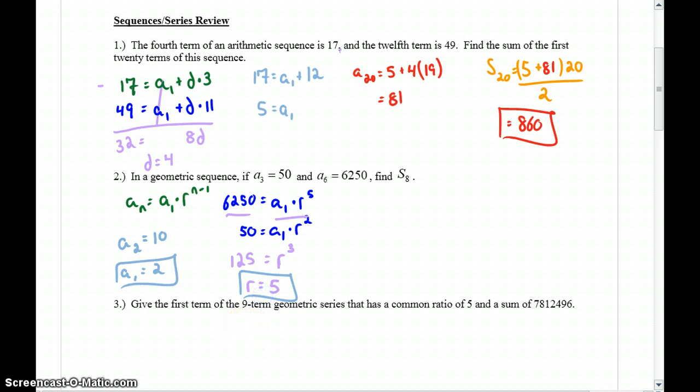If you want to figure out the sum of the first 8 terms, we can say the sum of 8 is going to be the first term, A1, times 1 minus the common ratio to the nth power, all over 1 minus the common ratio. Or in this case, 2 is A1, times 1 minus the common ratio 5 to the 8th power, because there's 8 terms, all over 1 minus 5.